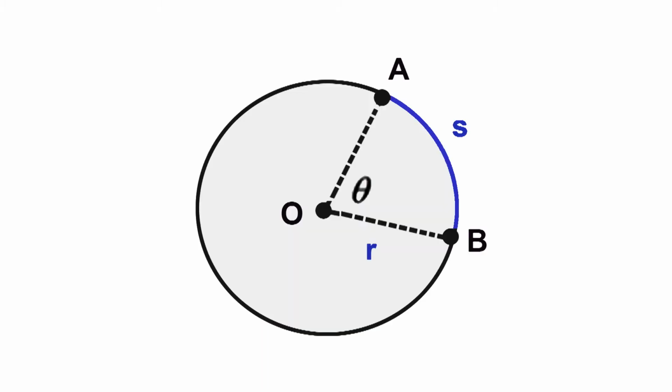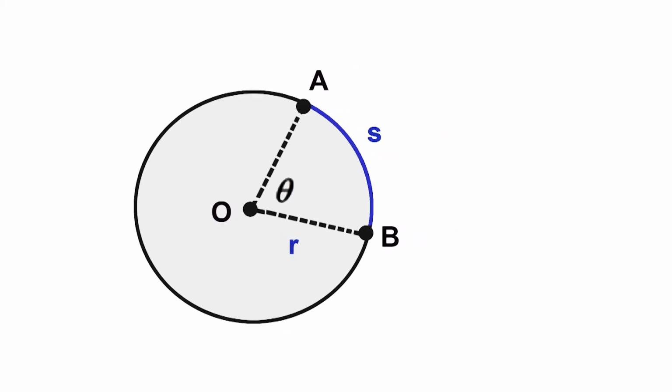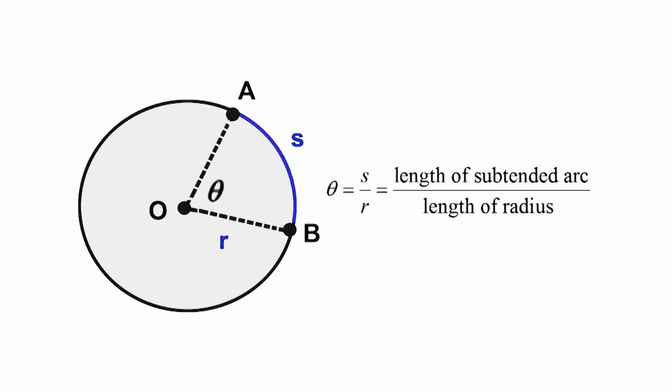In a circle, arc measure is the measure of the central angle that intercepts the arc. The measure of the central angle theta in radians is the ratio of the length s of the arc the angle subtends divided by the radius r of the circle. That is, theta is equal to s by r, which is equal to length of subtended arc by length of radius.